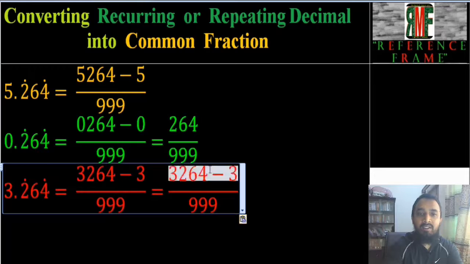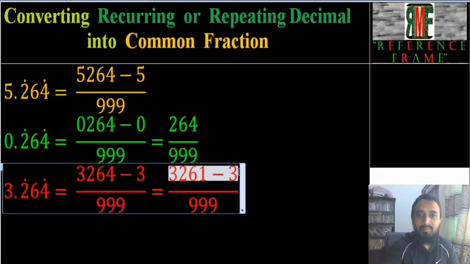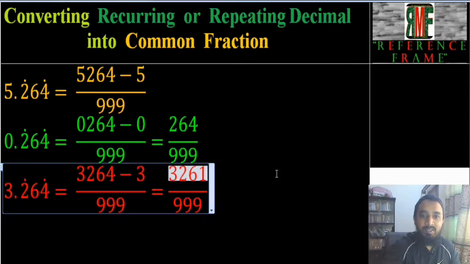It gives us a result of 3261. So look here, 6 plus 1 is 7, 7 plus 2 is 9, 9 plus 3 is 12. So this is divisible by 3.